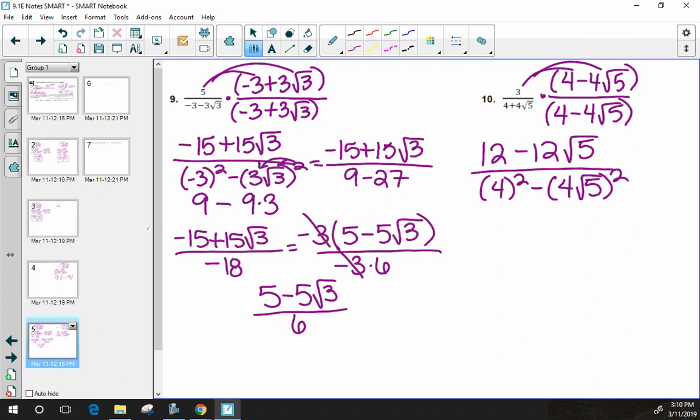But when we do that, we know this comes out to 16 minus, and then this comes out to 16 times 5. Is that okay with everybody? This 4 squared is 16, and square root of 5 squared is just 5, and those two things are being multiplied together. So when we square that, we get 16 times 5. What is 16 times 5? 80, right? So then we're doing 16 minus 80. So really, our new denominator, guys, is negative 64.